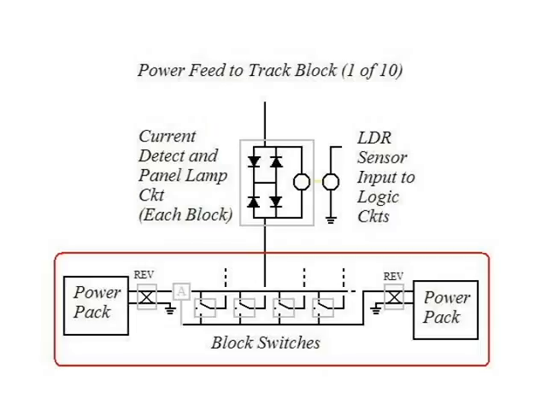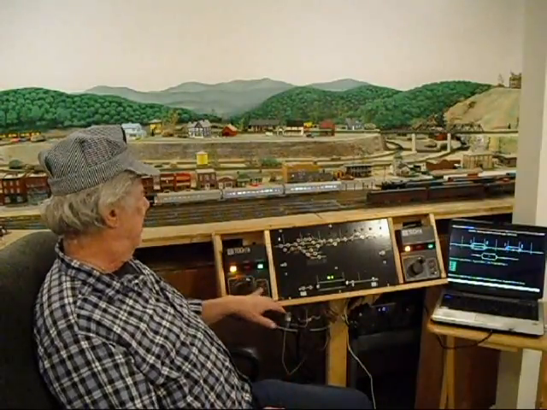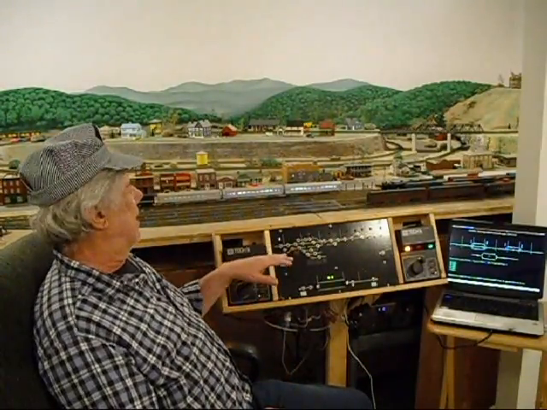And then that allows me just to basically switch the power pack from one pack to the other, and that controls the direction of the train, rather than trying to switch the pack and have perhaps other trains affected.